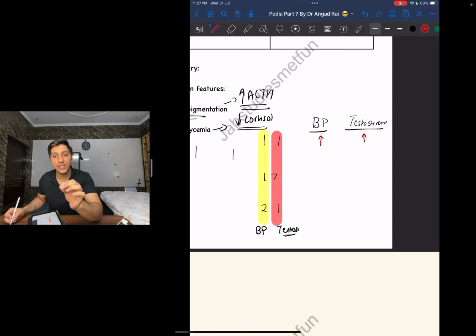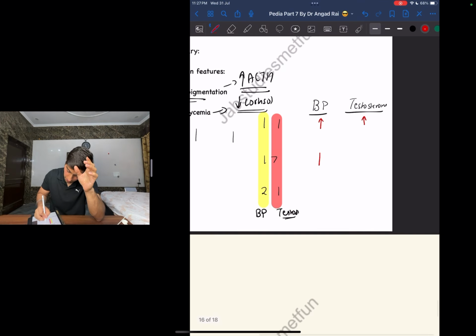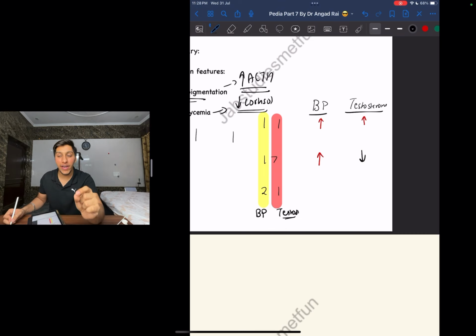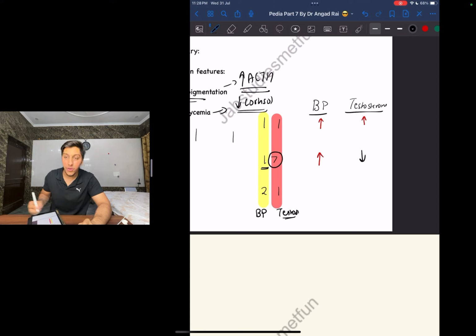If there is a deficiency of 17 alpha hydroxylase, BP will be more, but testosterone will be less. Now you understood what I said. Why was BP more? Because there is 1. Any number like 1 is there, everything will increase. Any other number rather than 1, it is going to decrease. So 7 is over here, so that is why testosterone will be low.